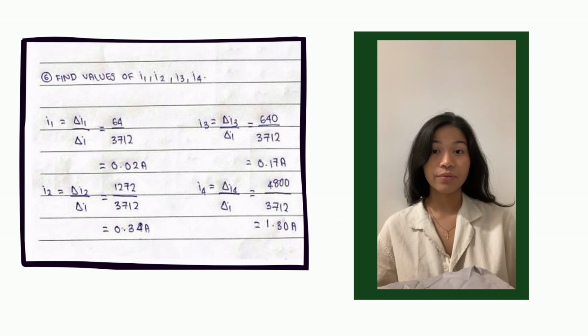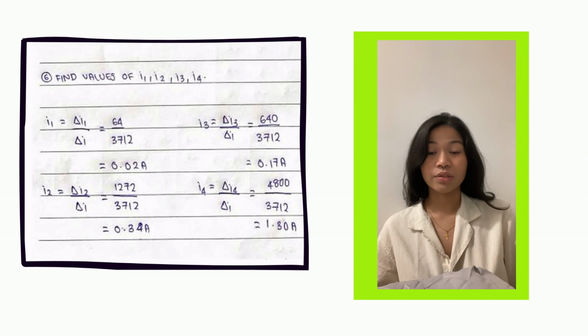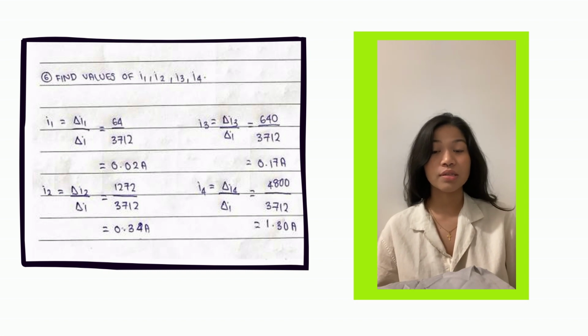To calculate the value of current, I've used the formula, which is determinant for I1 over determinant of I. So for the first current, I've gotten 64 over 3712, which is 0.02 ampere. For I2, I've gotten 1272 over 3712, which is 0.34 ampere.